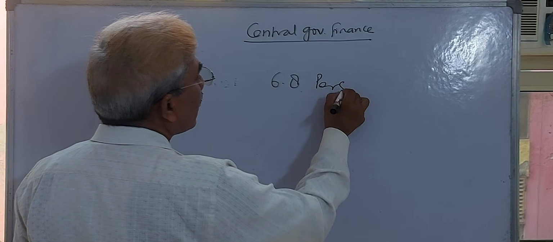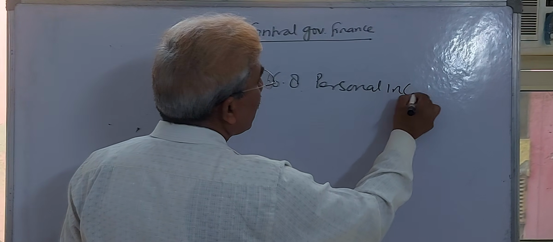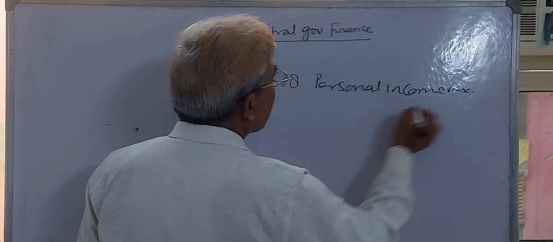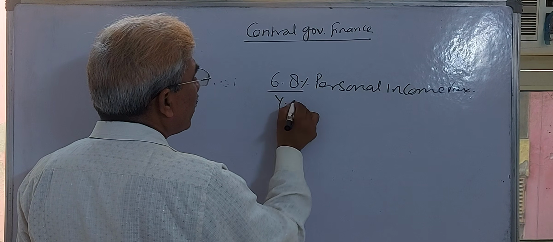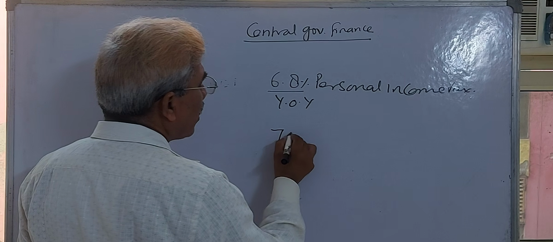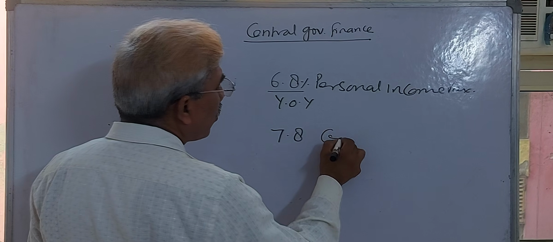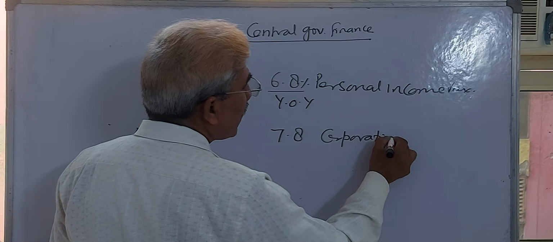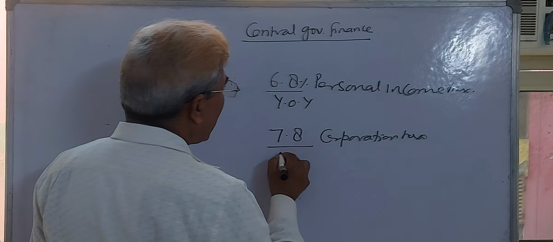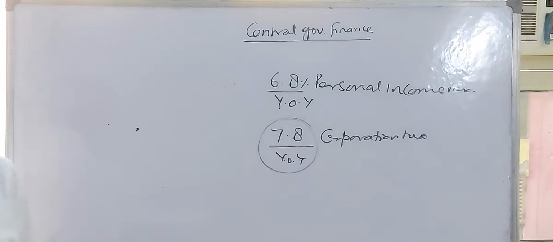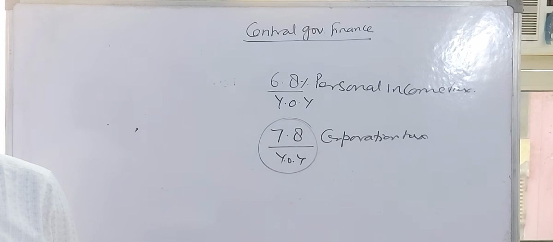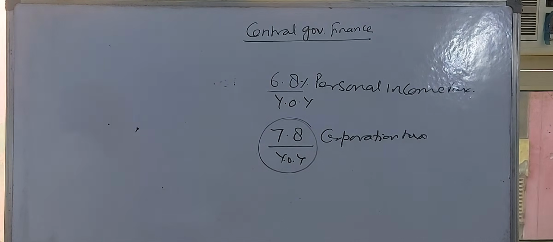This is the personal income tax collection growth rate, 6.8% year on year, and in case of corporate houses or corporation tax, that increased year on year 7.8%. What does it mean? Means both our taxes are increasing sharply, income tax as well as our corporation tax.